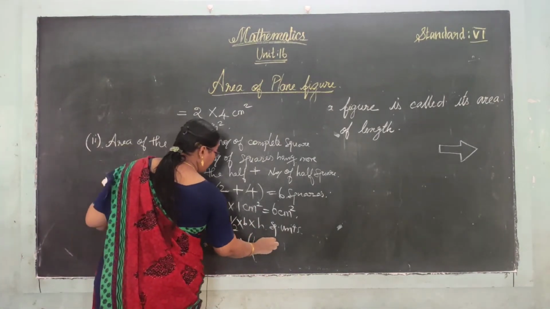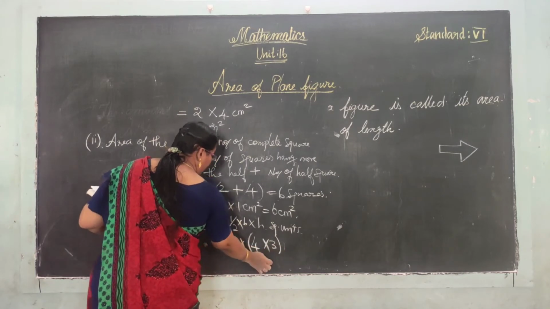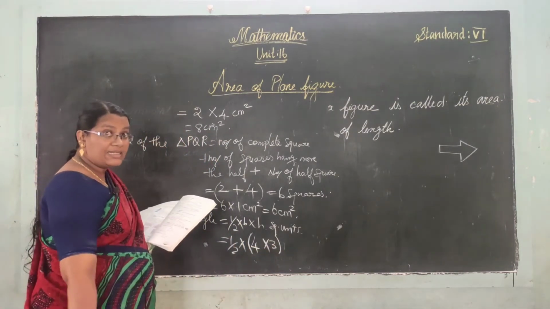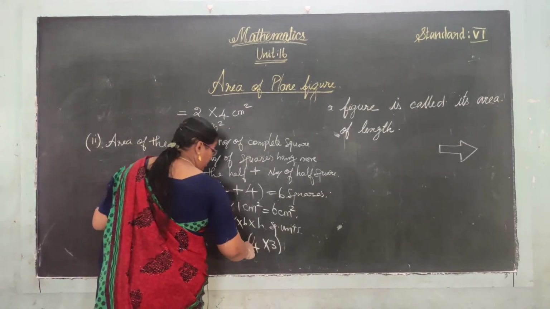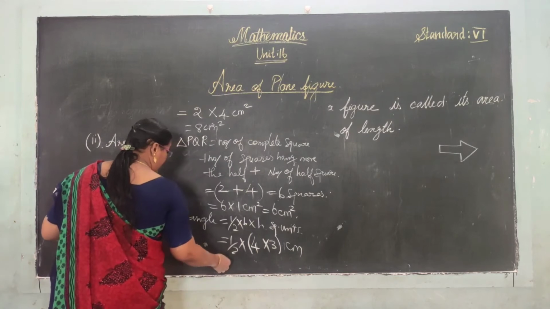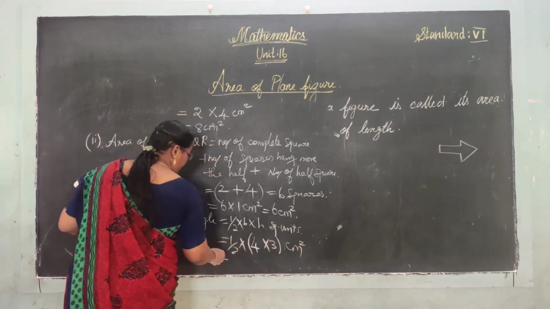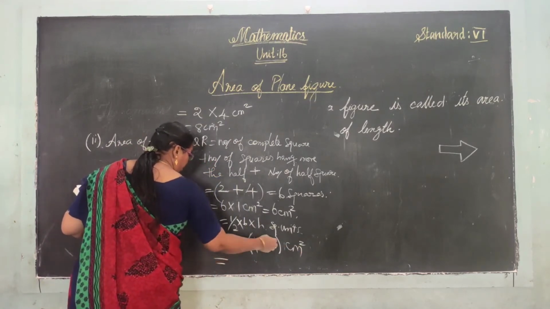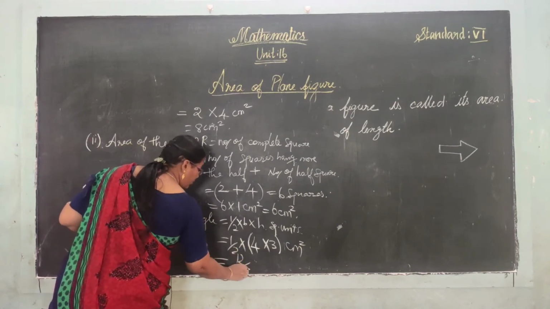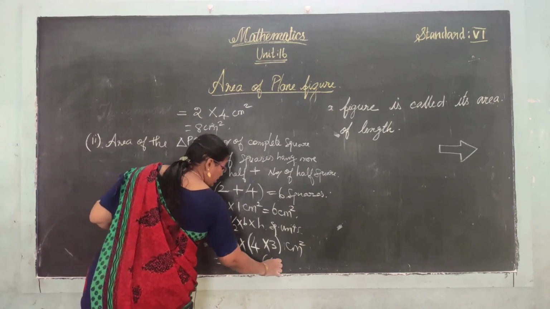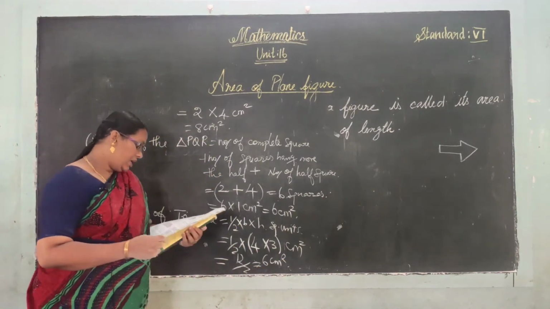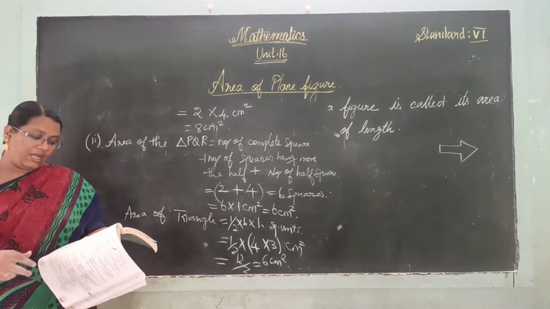So the height is 3. Which unit is given? Centimeter. So square. 4 3s are 12. 12 divided by 2 is equal to 6 centimeters square. This is a formula method.